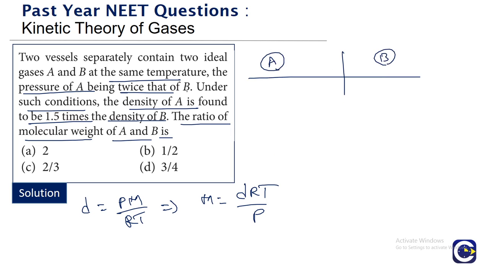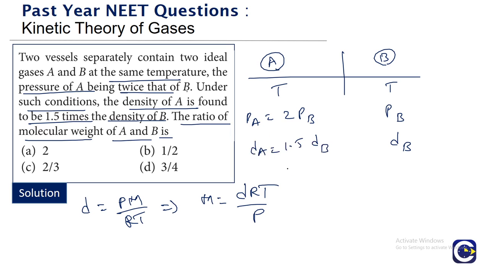So what are the relations given to us? Two vessels separately contain two ideal gases A and B at the same temperature. Means here also the temperature is T. Here also the temperature is T. The pressure of A being twice that of B means, let's say the pressure of B is PB, then the pressure of A will be 2 times the pressure of B. And the density of A is found to be 1.5 times the density of B, means if the density of B is dB, the density of A will be 1.5 times dB.